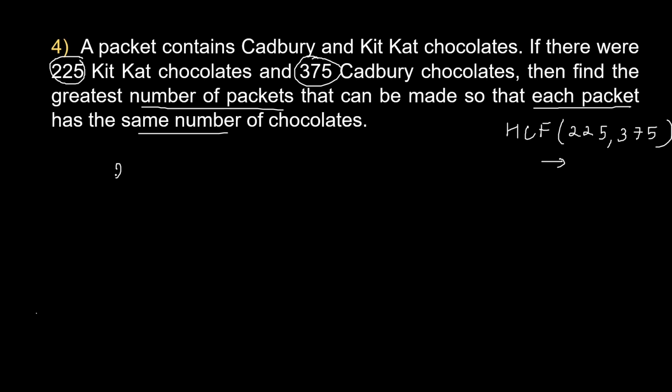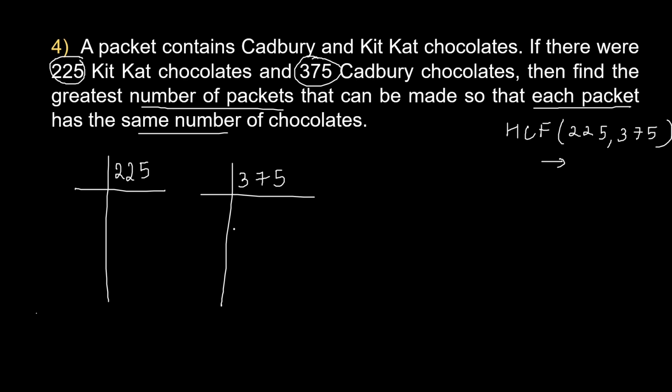So let's find the HCF of 225 and 375 using the prime factorization method. So for that we separately prime factorize both these numbers. So now 225 is not divisible by 2, so we'll take the next prime number, that is 3.